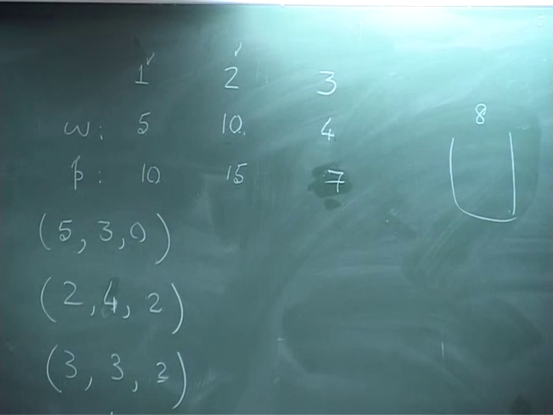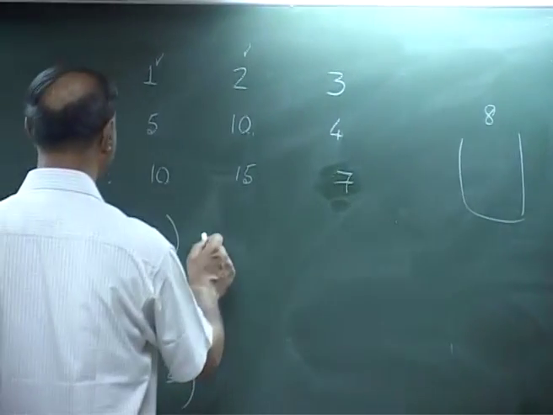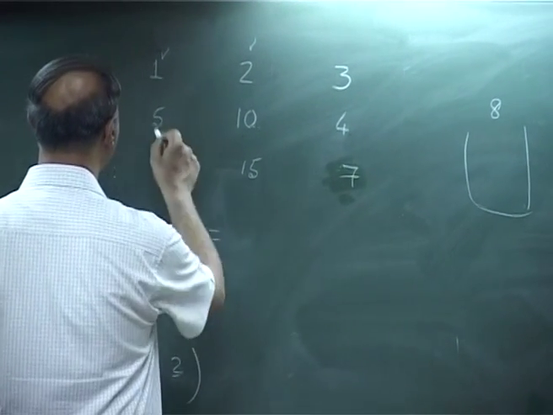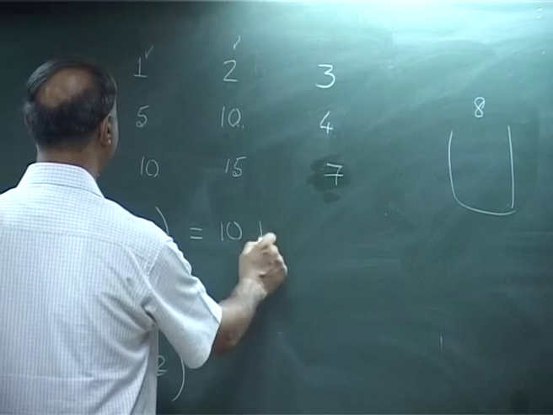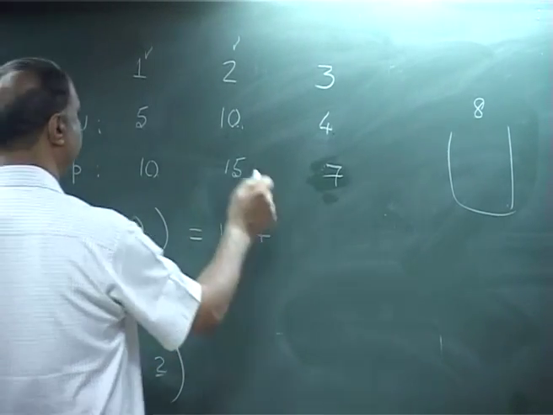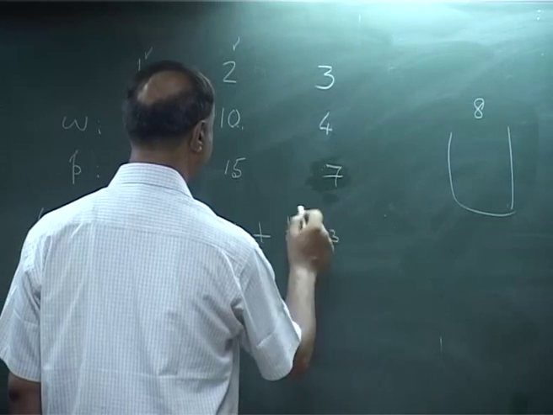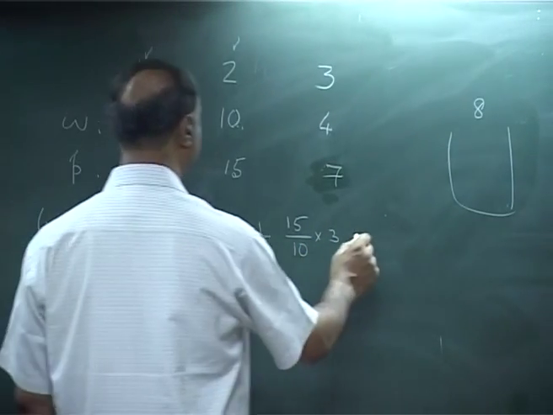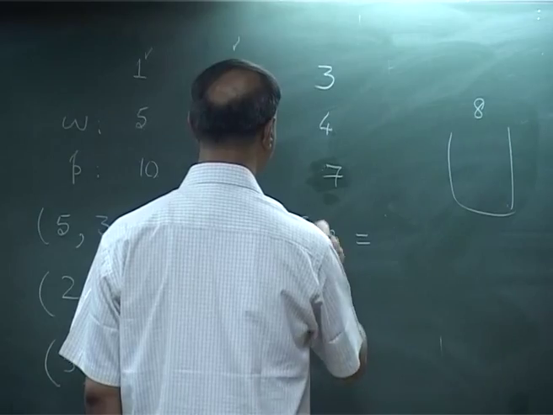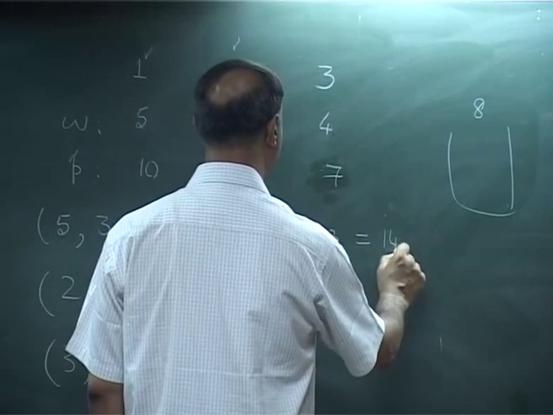If that is the case, then how much profit do I earn? For 5, 3, 0, I earn 10, then 15 divided by 10 into 3, so this gives you 14.5.